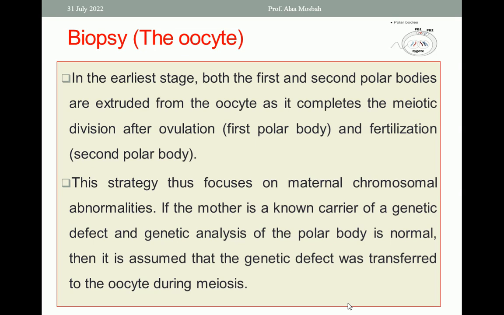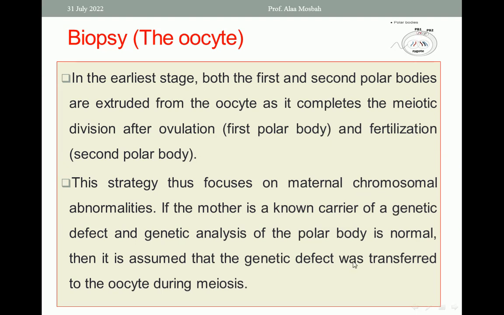And the second polar body is available after fertilization, with the second meiotic division. As you see in this picture, this is the first polar body and this is the second polar body.